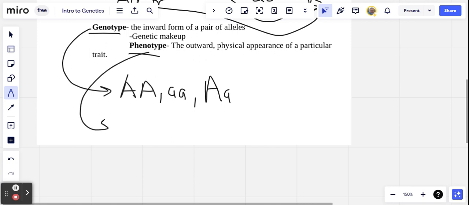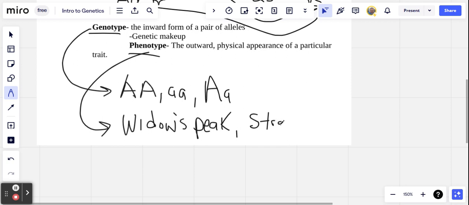And then phenotype is the trait, the outward physical appearance. So maybe it means that they have a Darwin's ear point, or maybe it means they have a widow's peak. We'll talk about what that is, because we're going to do this in class. Widow's peak, or they have a straight hairline.